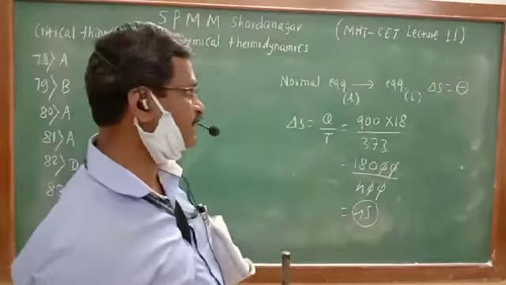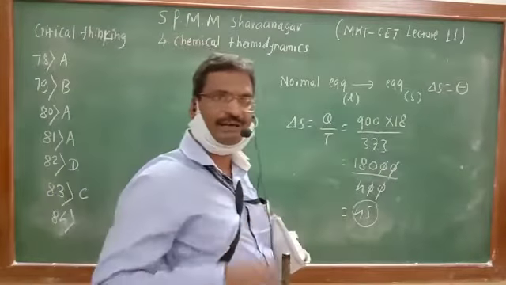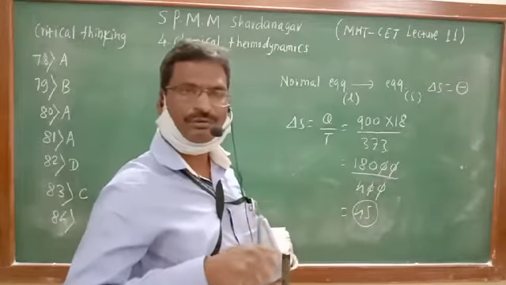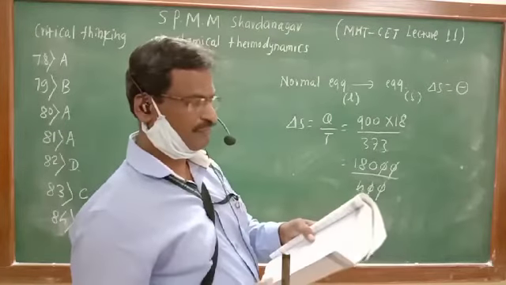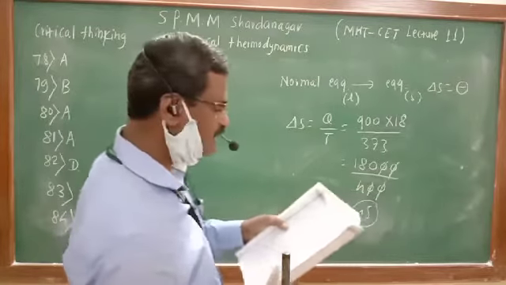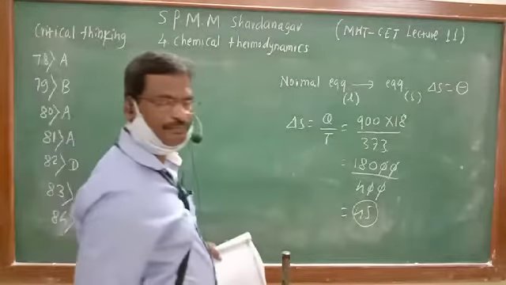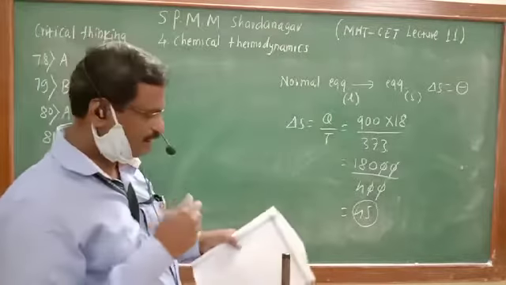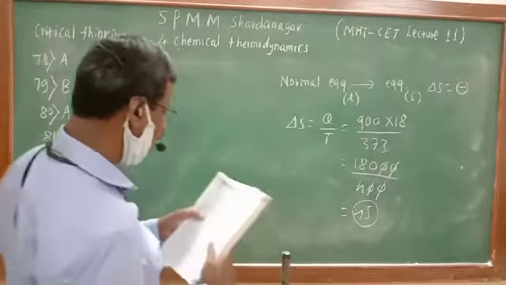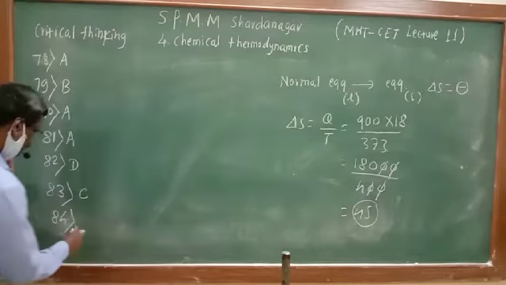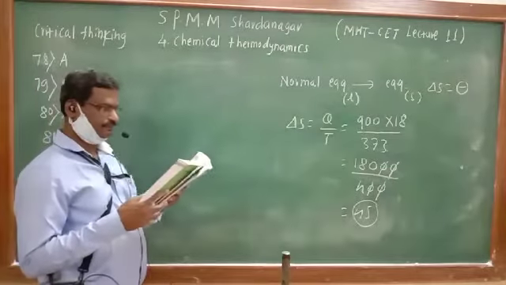See, without logarithm also we can perform the calculation. Do the approximate calculation and find the option which is close to that. Here option A is close. We are getting 45 approximately, and the correct option they have given is 43.4 joule per degree Kelvin per mole. So option A is right for question number 84.